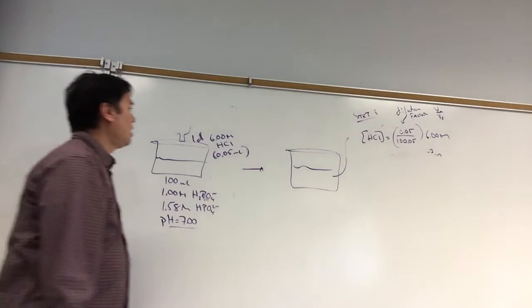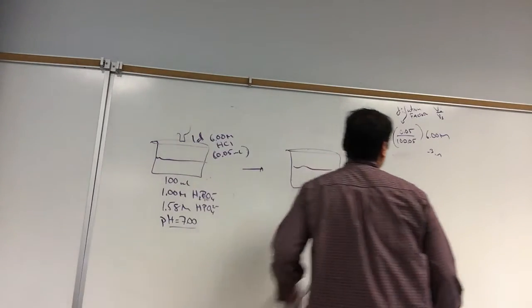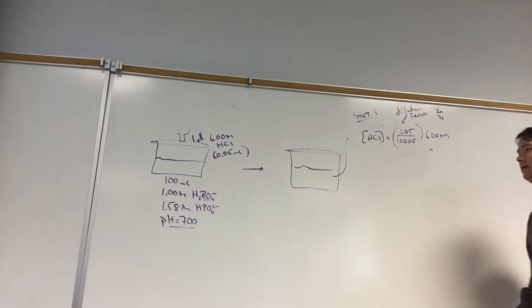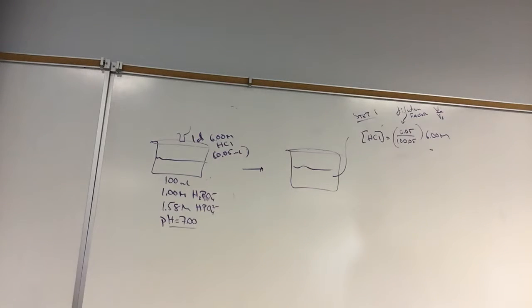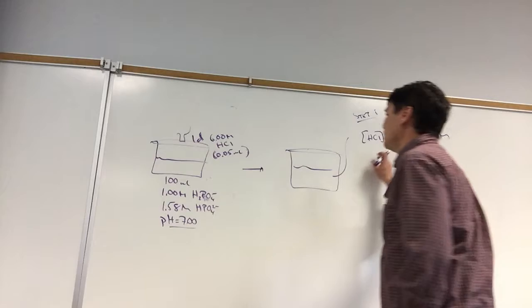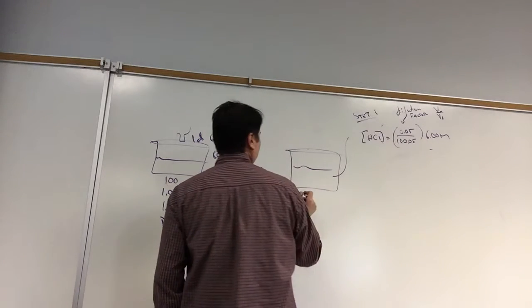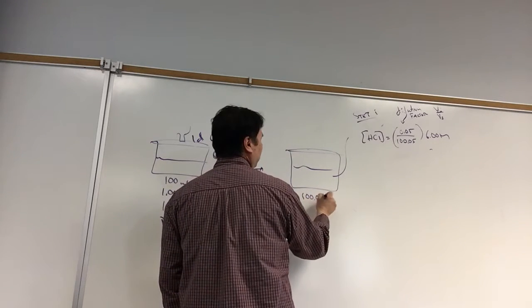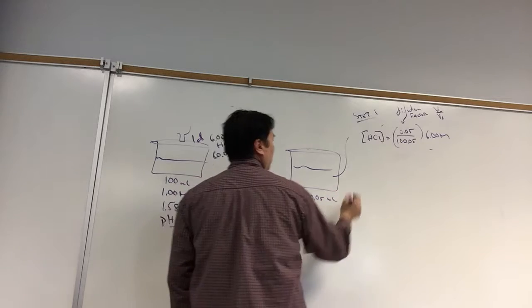Now we add 1 drop of 6 molar HCl. And so the same thing, before we do any reactions or anything, we do step I, which is the initial solution dilution step. The HCl is going to be the same dilution factor. It's going from 0.05 to 100.05 milliliters.